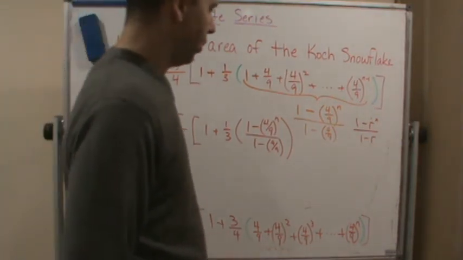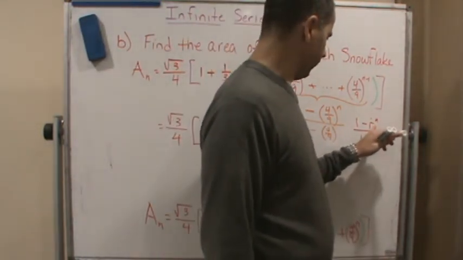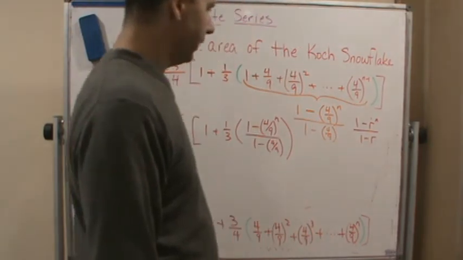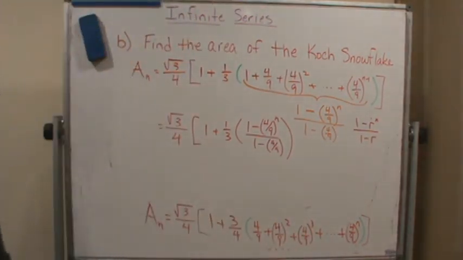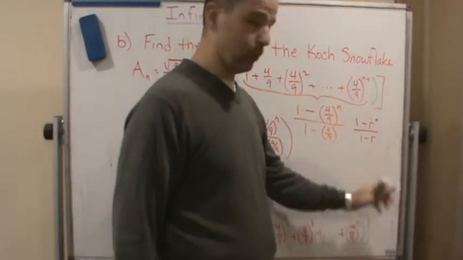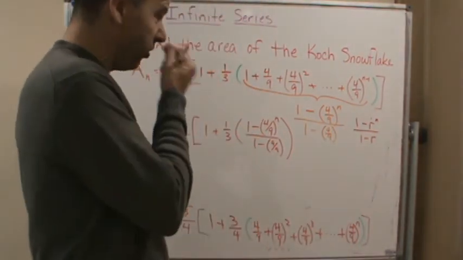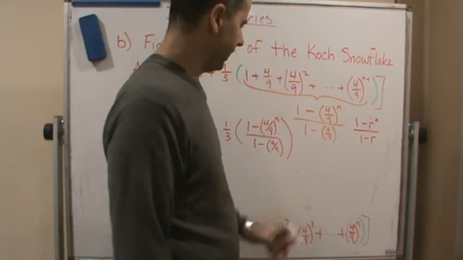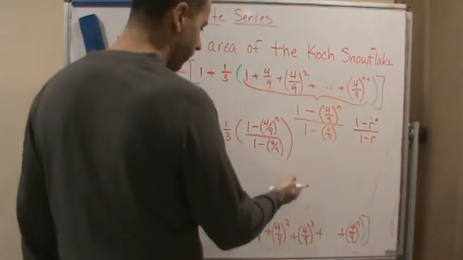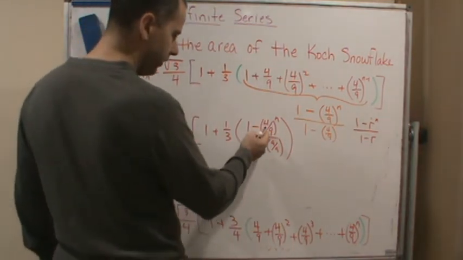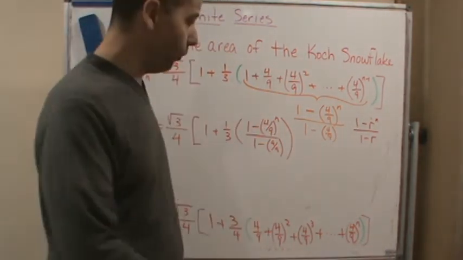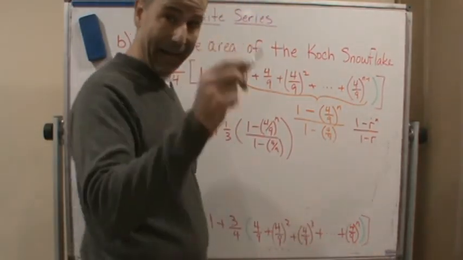If it's less than 1, then r to the n goes to 0, and it reduces to 1 over 1 minus r. That's what we're doing here. So this is 4/9. Since this is convergent, this is going to go to 0, and we end up with the same expression that we had before, which is going to be 1 over 1 minus r.